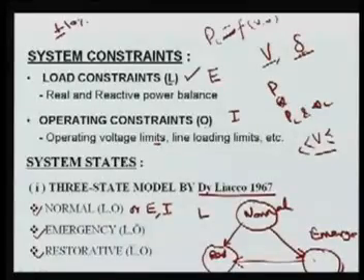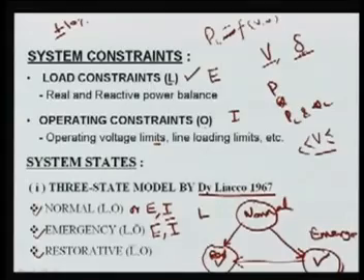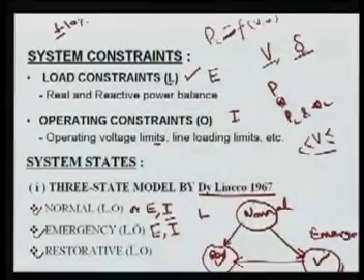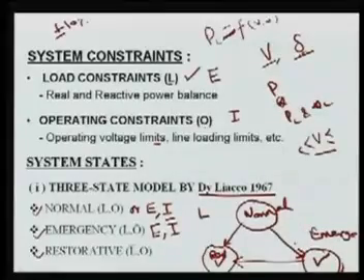There are possibilities that after that outage the system may go into the emergency state or into the restorative state. In the emergency state, your load constraints or equality constraints are satisfied, but the inequality constraints are not satisfied, meaning there are violations of your operating constraints. If this is happening, it is known as the emergency state.